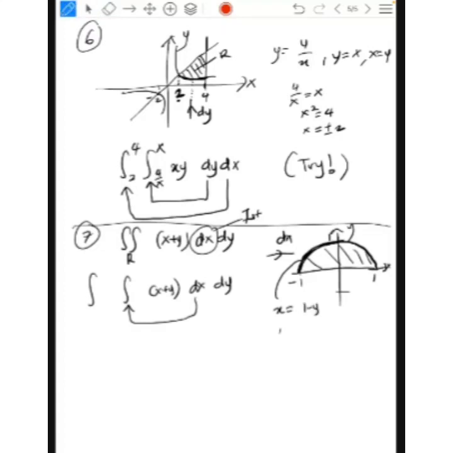The negative part, negative square root of 1 minus y squared, okay, until this part, which is the positive one, x equals to plus square root of 1 minus y squared, the positive part. And then the y is from 0 until 1.